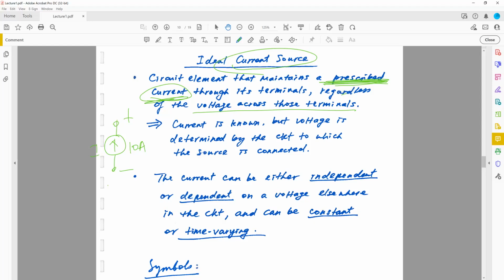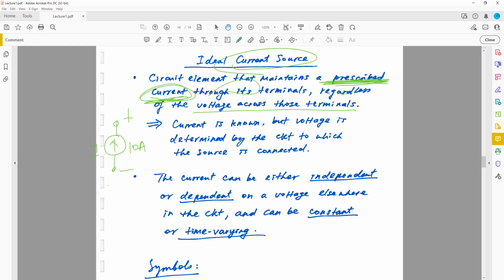It can be positive, it can be negative, but it doesn't matter. I don't really care about what that voltage is. All I care about is that I need to maintain the prescribed current through this terminal. So if this is 10 amp, then it has to stay throughout the course.